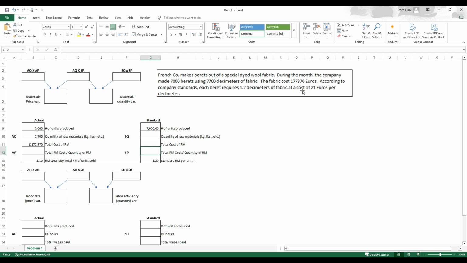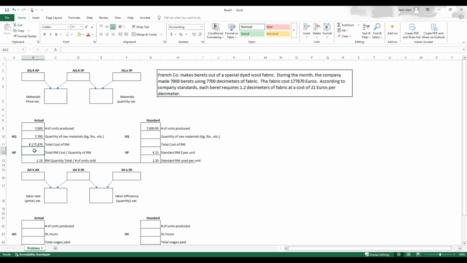Okay, and we had a total cost of a standard cost. I'm going to update these just a little bit as we go, so that makes a little more sense. It's a little better. Okay, so we said that was going to be 21 euros per decimeter. So I'm going to paint this just to get my euro sign coming over there. That's good.